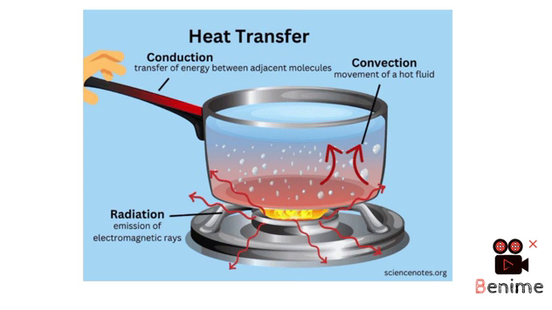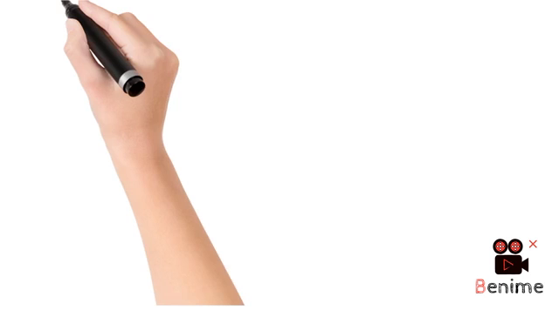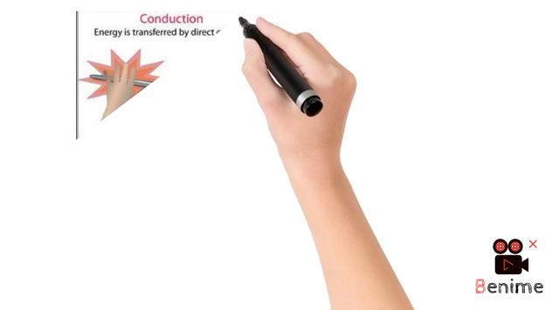Then convection involves movement of hot fluid. So a fluid is heated, that is, the heat is carried by a fluid. A fluid can be a gas or a liquid from one point to another. So the heat is carried by a moving medium, like your hot fluid.